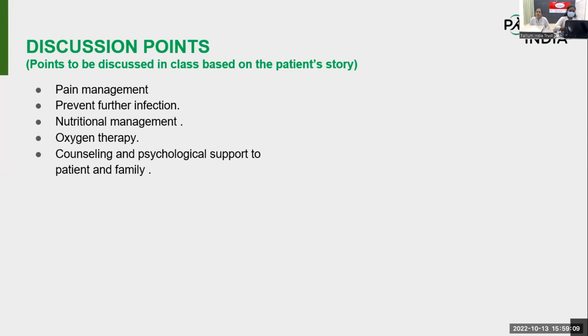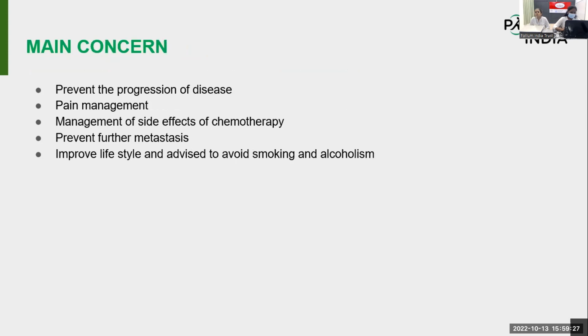And we have seen the medications also, right? So anything that you want to add to this, whatever is being done? So I'll ask one by one. Do you think stopping the smoking and alcohol, if he is still smoking, is it important at this point? You can type it in the chat.